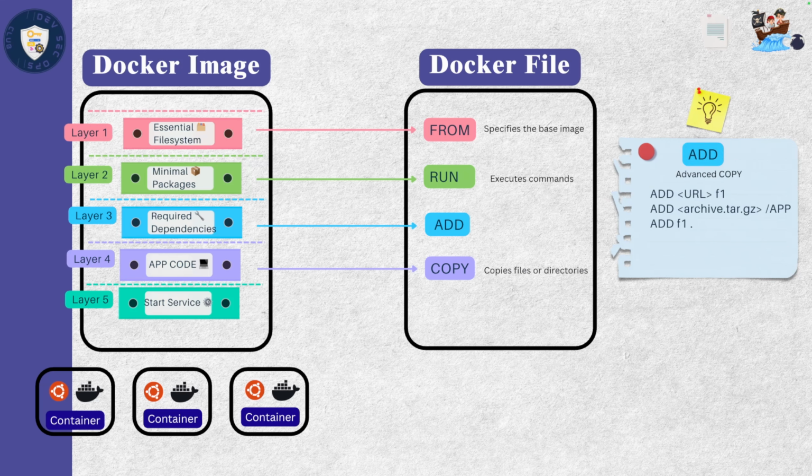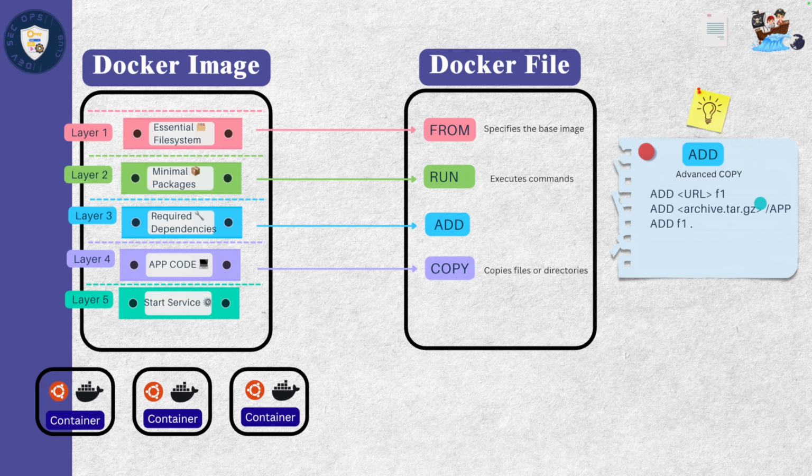Next, the ADD instruction. ADD is similar to COPY, but it can also handle remote files via URLs and automatically extract compressed archives. So you can do the same thing with ADD, but when you have to download files from a remote URL, you could use the ADD command like this.